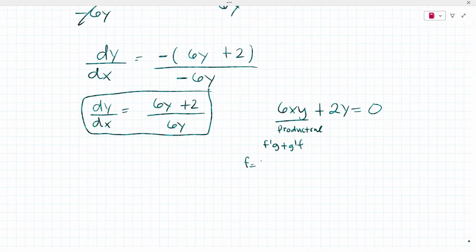My f is 6x, my g is y. My f prime is 6, my g prime is 1. So apply the product rule. F prime is 6, g is y, plus g prime is 1, f is 6x.